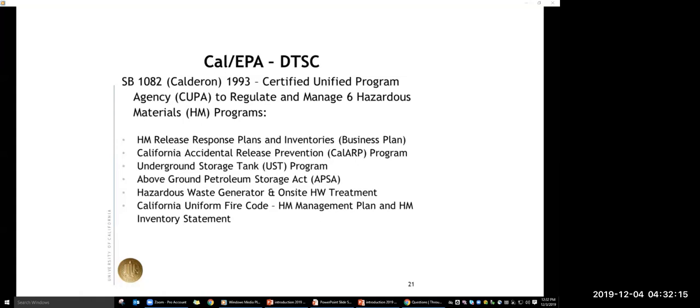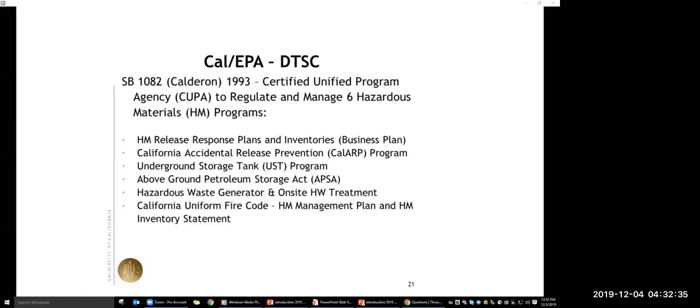CUPAs were either county, city, or local agencies who applied to Cal EPA to become authorized to run all 6 programs. Within some CUPA jurisdictions, there was a possibility for another agency to run one or more of the programs as a participating agency.